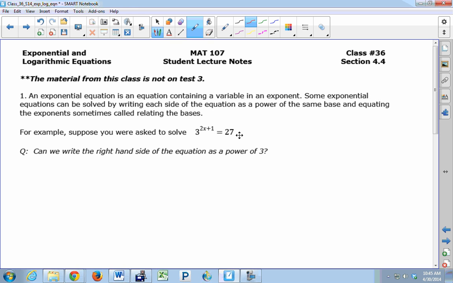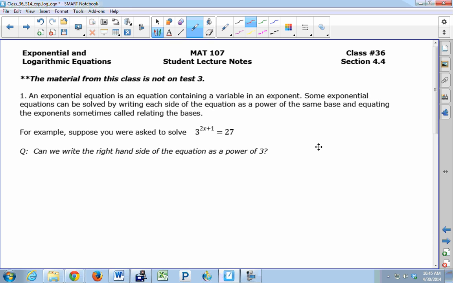So can we relate these bases? The left-hand side is already written as a base to an exponent. The question is, can we write the number 27, on the right-hand side, as 3, because that's our base, to a power? Can I represent 27 as 3 to some power?